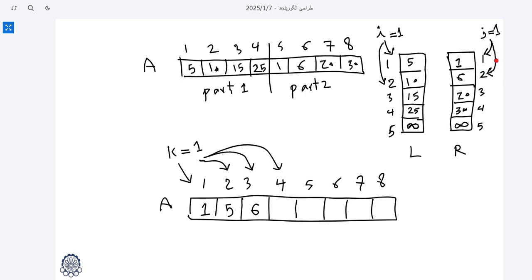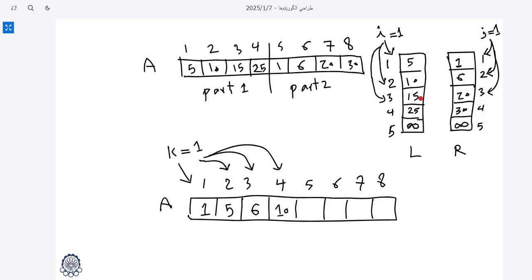And also index j is increased because 6 is minimum and 6 is copied to A and its index is increased. Then we compare 10 and 20. Whichever is minimum is copied to the array and its index is increased. So 10 is copied to array A and its index is increased.